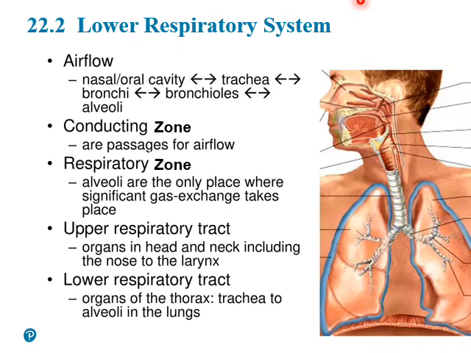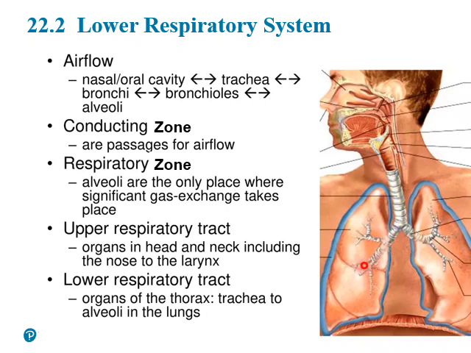These will cleanse, warm, and humidify the air. So air will flow from your nasal and oral cavities all the way down to the larynx, and then into the trachea, and then into the bronchi, your two primary bronchi, and then you will have the bronchioles.